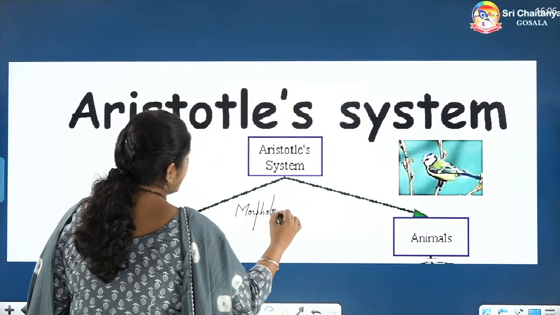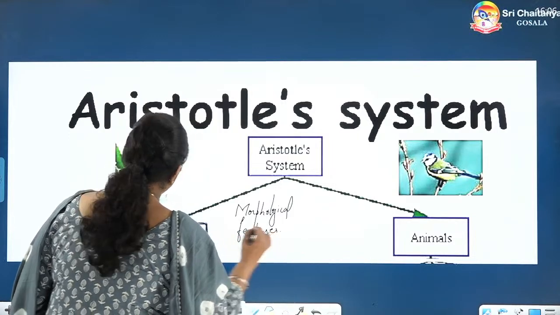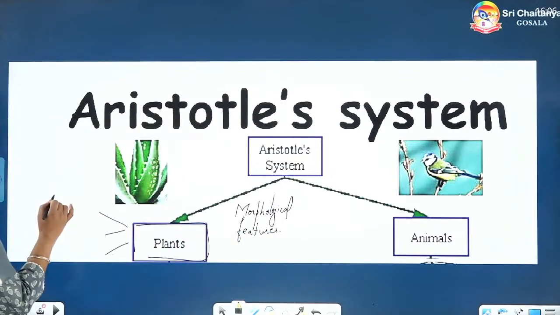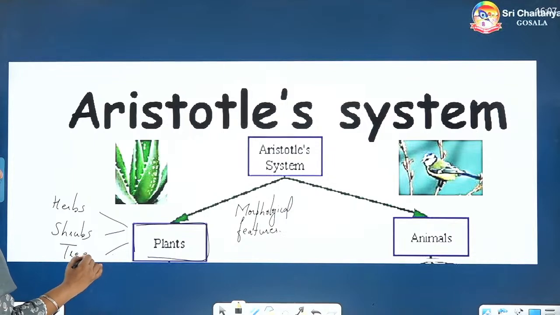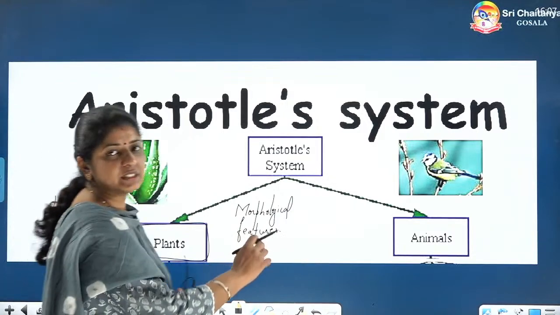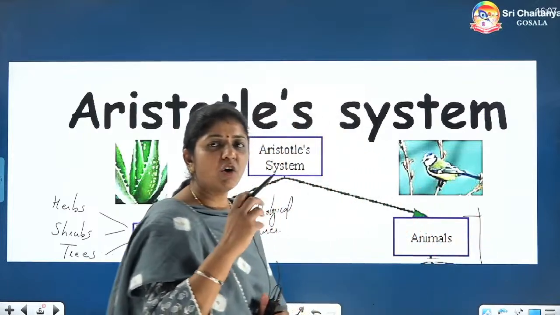If I take plants, the morphological features help to classify them into herbs, shrubs and trees. Fine. And animals are classified based on whether their blood is red or not.